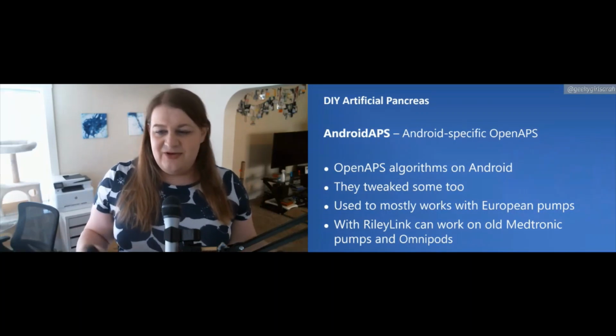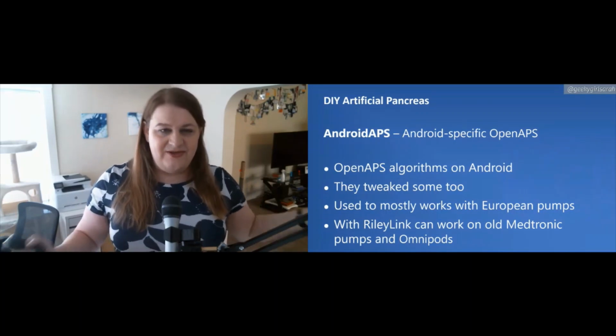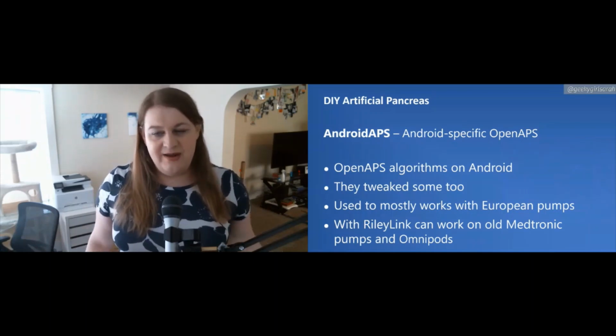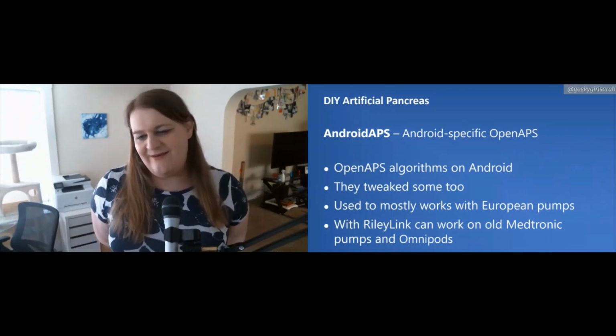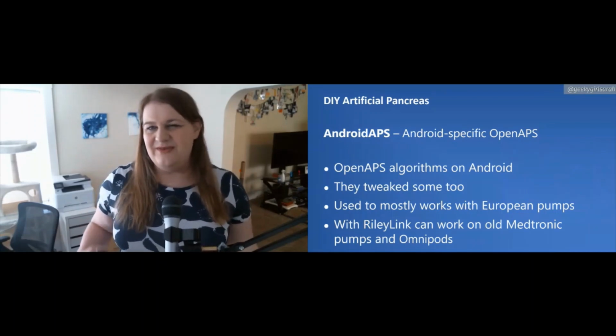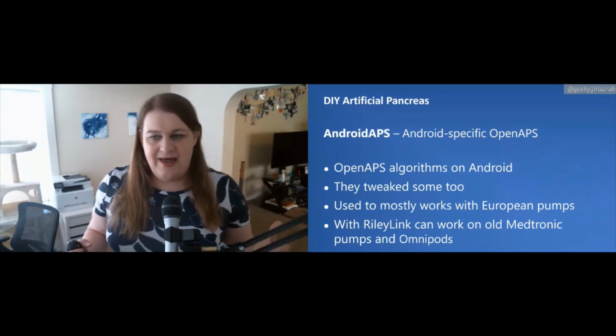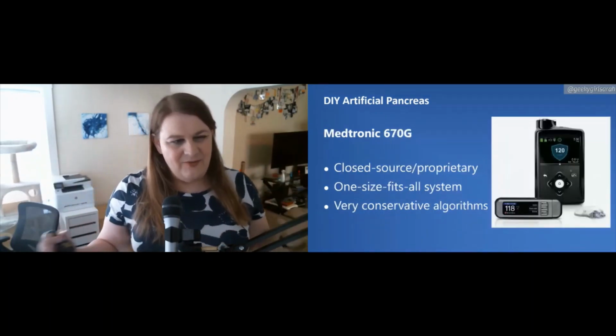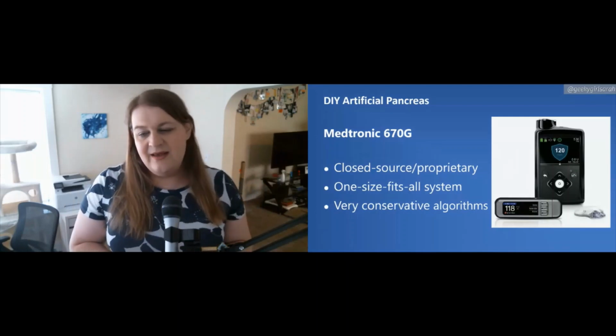There's this thing, the Medtronic 670. This is one actually made by a medical company. It's very closed source. It's very proprietary. They don't like talking about this kind of stuff. It's a one-size-fits-all system, so there's no real variables. It's always trying to put everybody in the same bucket and solve the problem the same way. So I'll talk a little bit about why that's complicated.